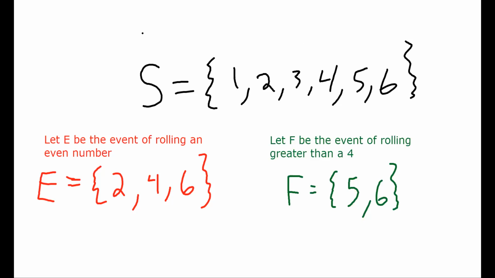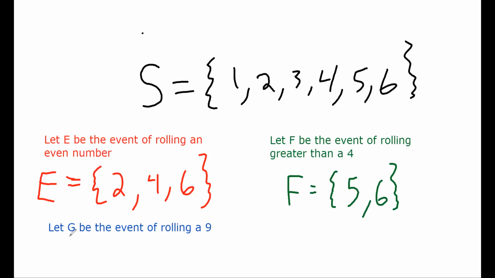There's even cooler things we can do with this, real kind of silly ones. Well, you could use G, I guess, be the event of rolling a 9. Look at that. Do you see a 9? Can you get a 9 on a single 6-sided die?